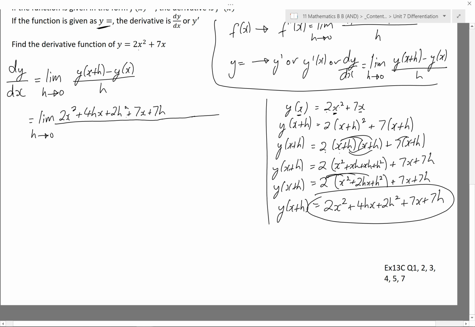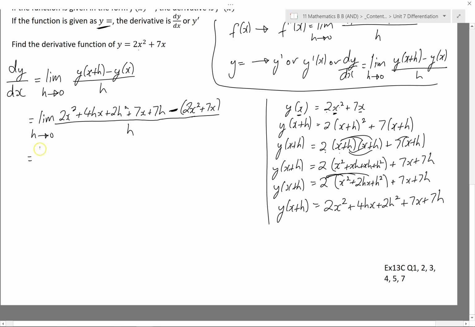Now I need to subtract y of x. This is where a lot of people make mistakes. I want to subtract 2x squared and 7x. Because I'm subtracting more than one thing, I need brackets around here. That's a big mistake that's commonly made.